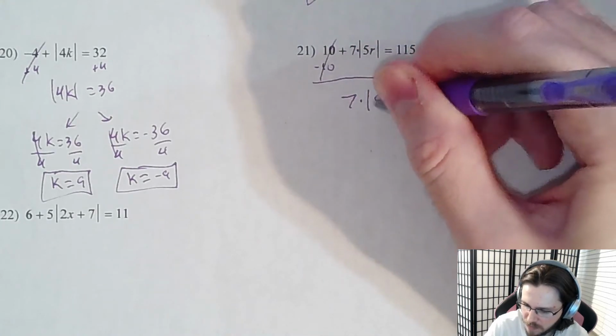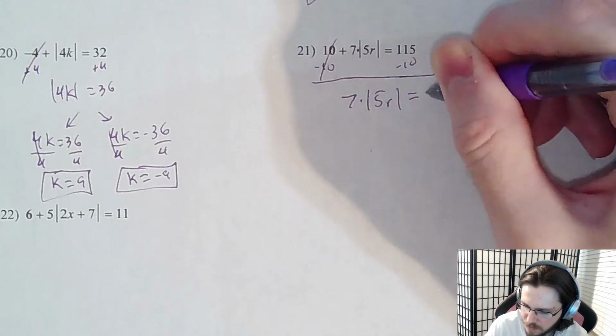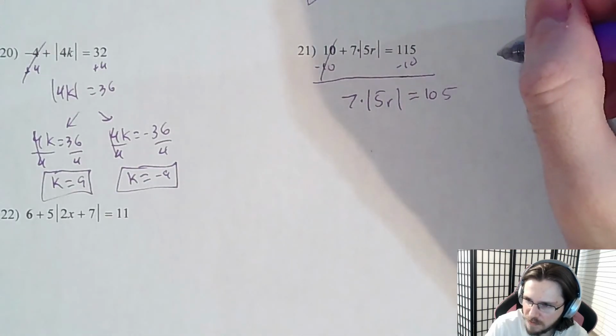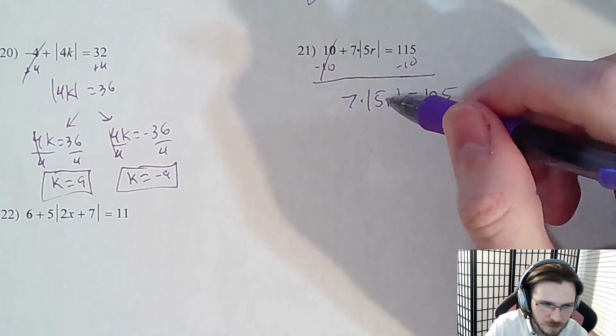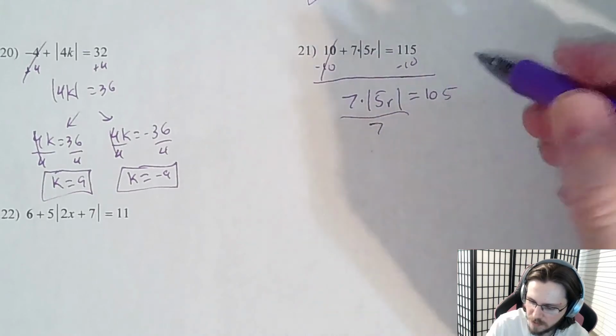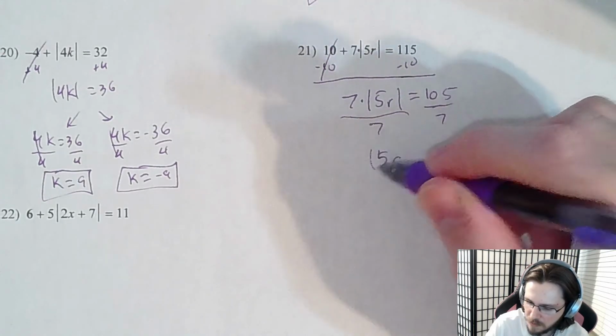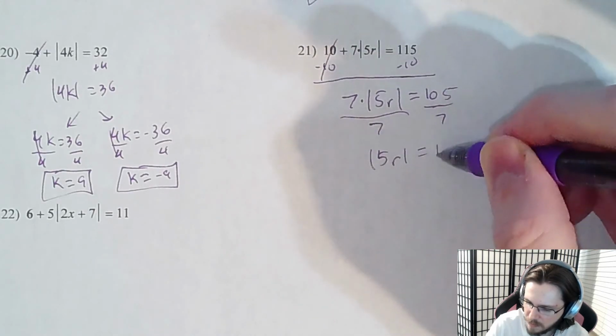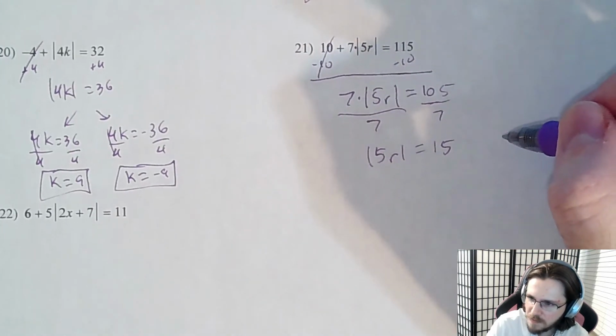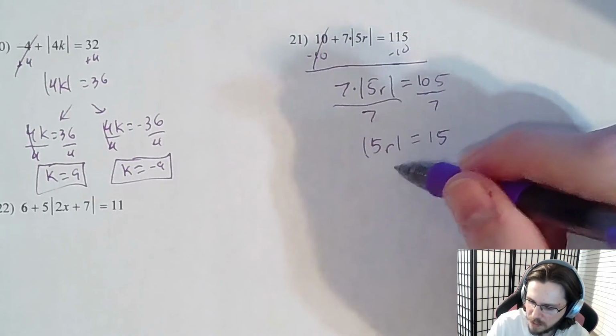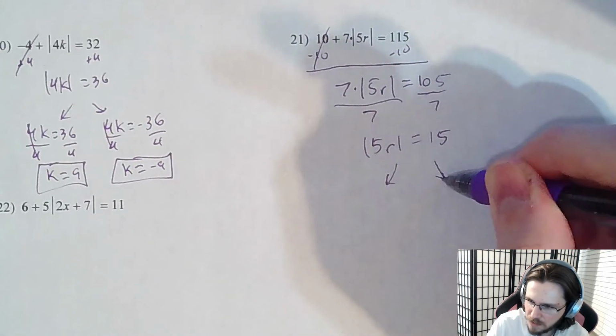7 times absolute value 5r equals 105. Now, how do we undo that multiplication? Now we can do this division. Divide both sides by 7. Use a calculator if you would like. That's going to be 15 though. And then now we split it into two separate questions.